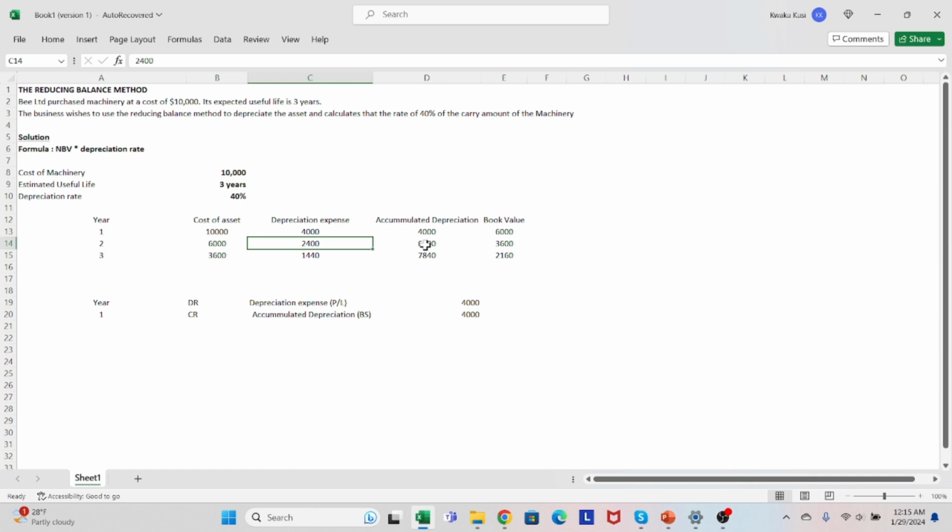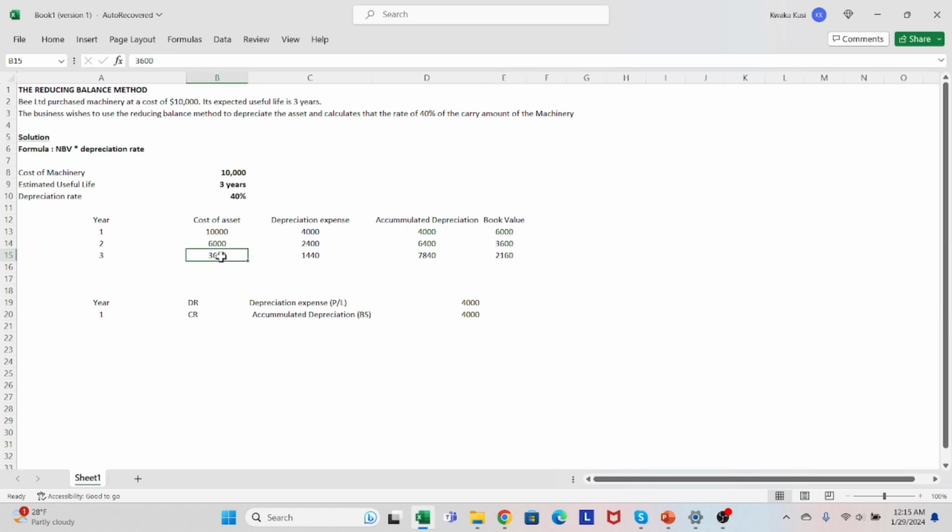So the accumulated depreciation for the second year will be 6,400, which is the addition of the 4,000 from the first year and the depreciation expense for the second year, which gives us the 6,400. So the net book value at the end of the second year will be 3,600. So we are going to subtract 6,400 from 10,000, and then we will get the 3,600.